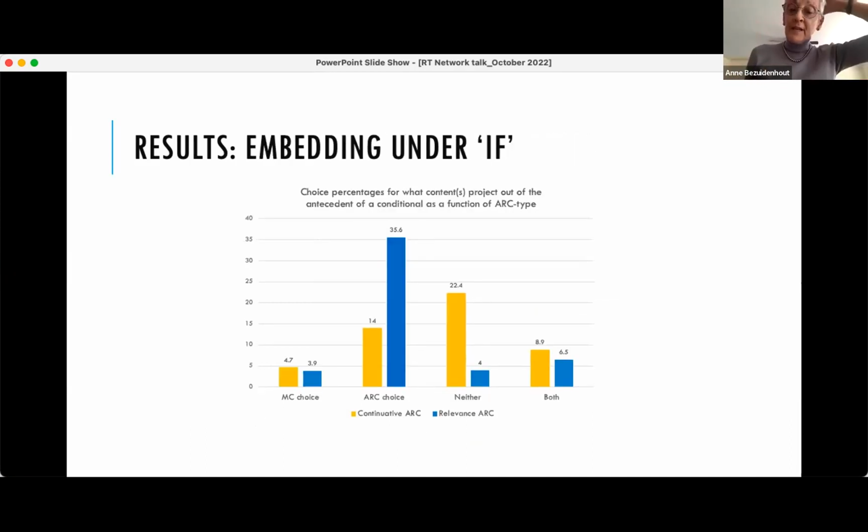And then for the embedding under if, we get pretty similar results. When the arc is relevance, people choose it more frequently as a commitment of Mary's. Whereas if it's a continuative arc, they are more likely to say that neither projects, and both the main clause and the continuative arc are under the scope of the conditional.